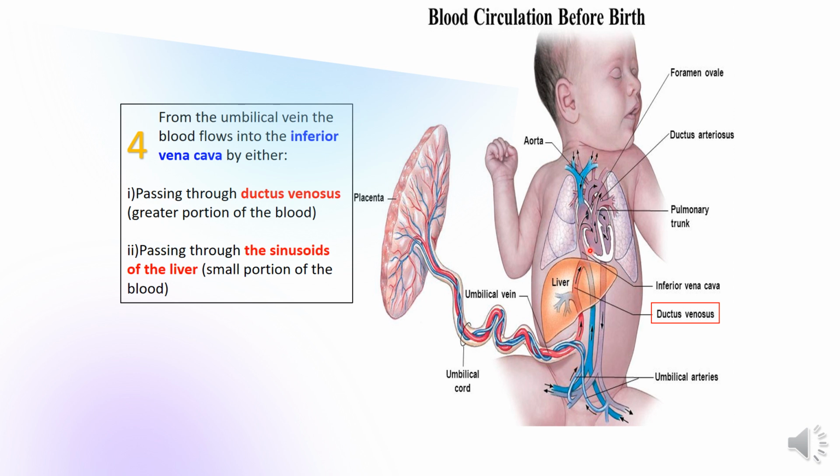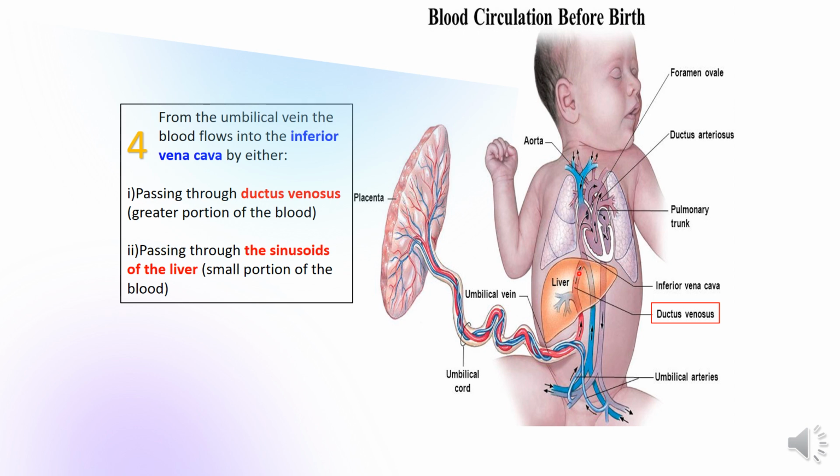This inferior vena cava is up here. It enters the inferior vena cava by either two ways. It's either passing through the ductus venosus, or passing through the sinusoid of the liver, and a small amount of blood will enter the liver. Most of them will directly enter the IVC through the ductus venosus.